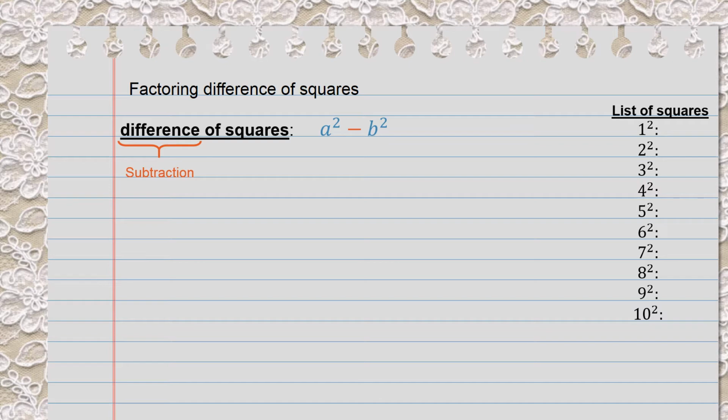1 squared means 1 times 1, which we know equals 1. 2 squared equals 4. 3 squared equals 9. 4 squared equals 16. 5 squared equals 25. 6 squared equals 36. 7 squared equals 49. 8 squared equals 64. 9 squared is 81.